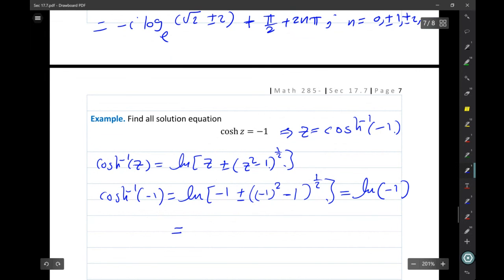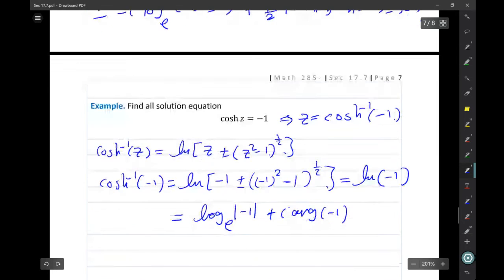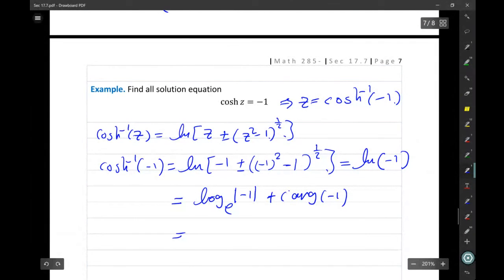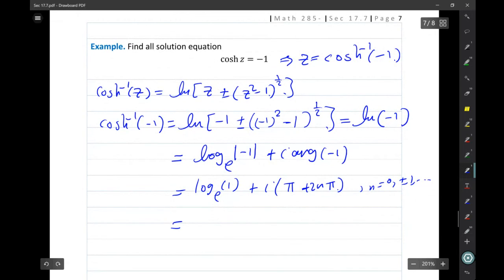So this becomes ln of minus 1. Ln of minus 1 is equal to what? Logarithm of the absolute value of minus 1 with base e, plus i times the argument of minus 1. That becomes logarithm of 1 with base e plus i times the argument of minus 1, which is pi, plus 2n pi. Logarithm of 1 with base e is equal to 0.